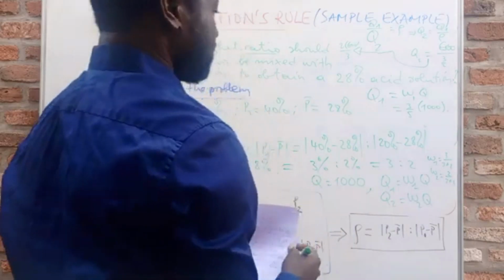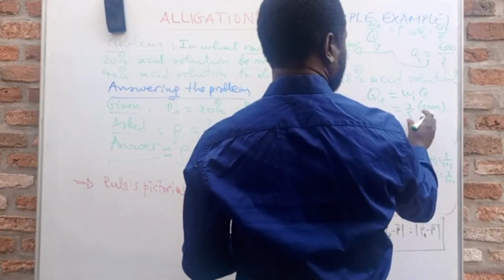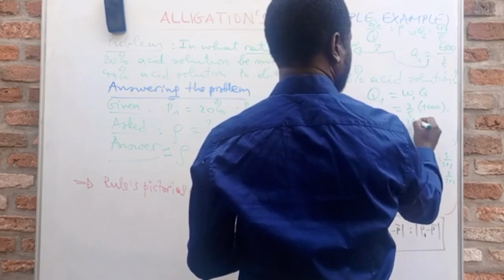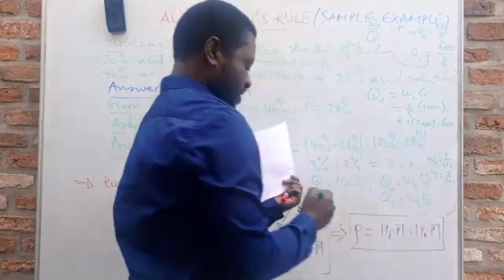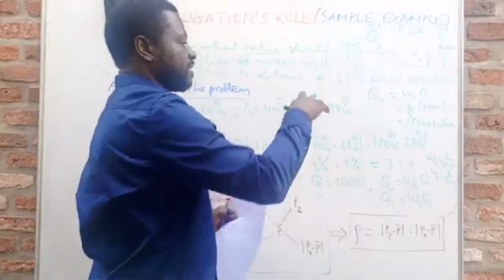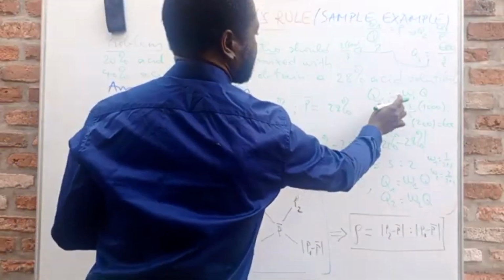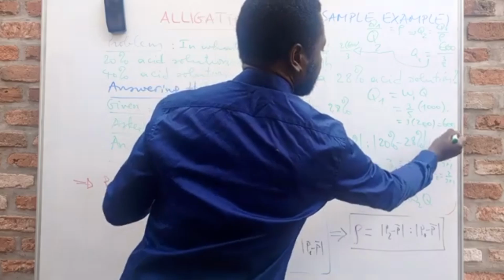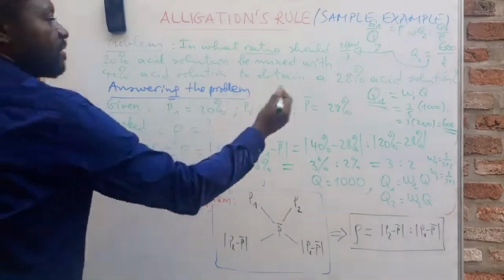So 1000 divided by 5 is 200. 3 times 200 is equal to 600, which comes back to what I have suggested as the quantity of the first component. So in kilograms actually.